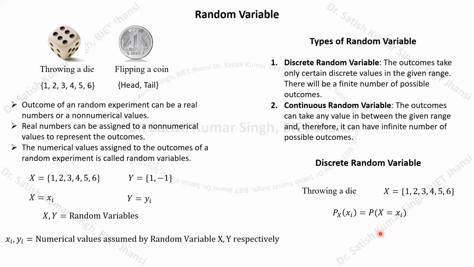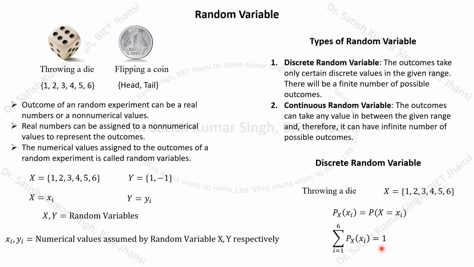If we add the probabilities of all these outcomes, the probability of getting 1 plus the probability of getting 2 and up to the probability of getting 6, the summation of the probabilities is going to be equal to 1.